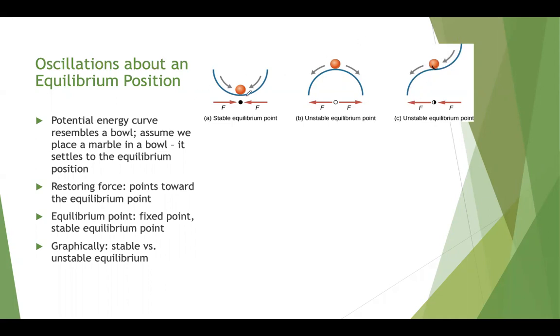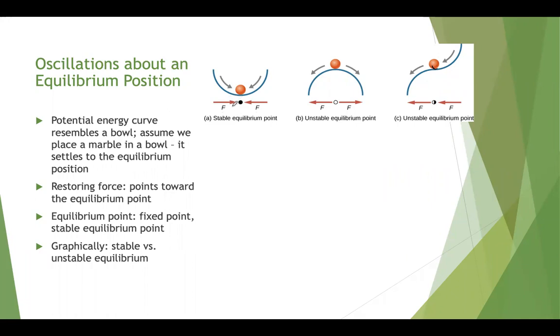Notice the force directions as well. So these vectors are telling you where there is force, or I'm sorry, not restoring force, but the force that's acting on these marbles, okay?